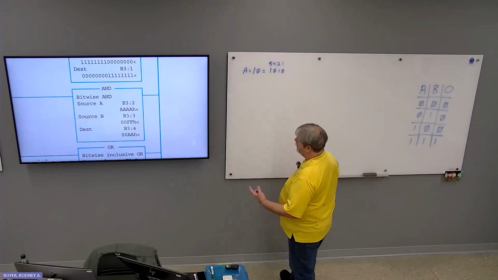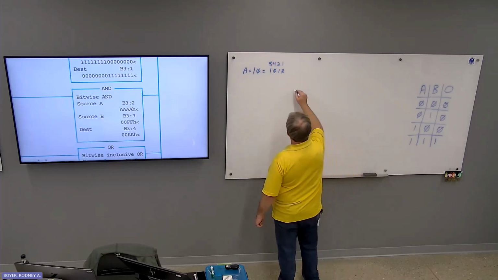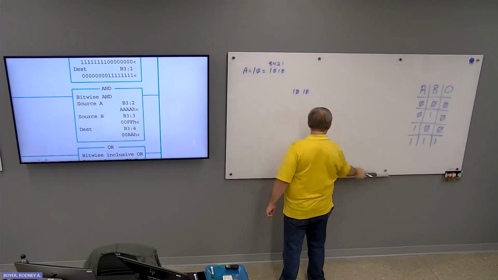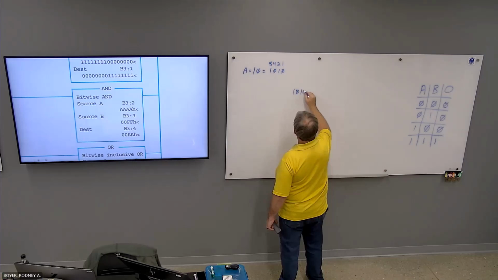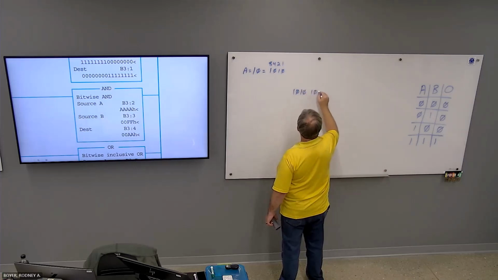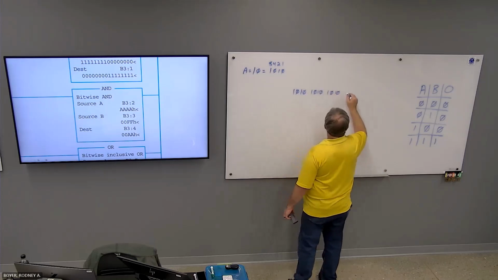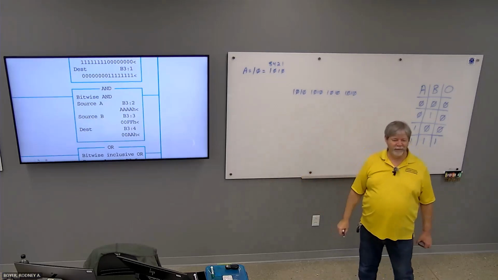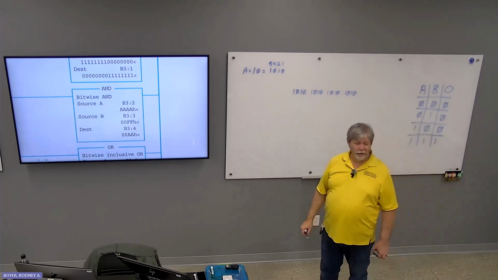So we got 4 bits on source A. So 1, 0, 1, 0. So you guys thought you were going to be able to get away from numbering systems. No such luck, huh?